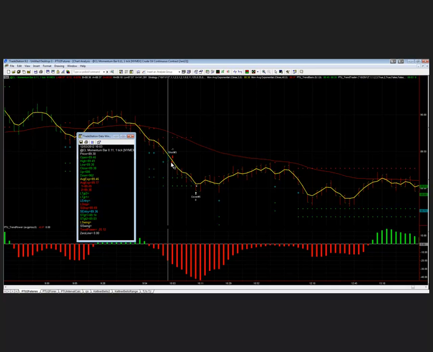Remember what I said about scale. As you grow with the training and the systems here, you'll start to add a contract and then another contract. I mean, to go to 3 contracts on this and make $1,000 on this move, not difficult at all. In fact, it takes no additional work from the first trade, 1 contract, to 1 trade, 3 contracts. No additional work, just a different number on your keyboard. The work is you need to build your account up so you can responsibly trade 3 contracts.